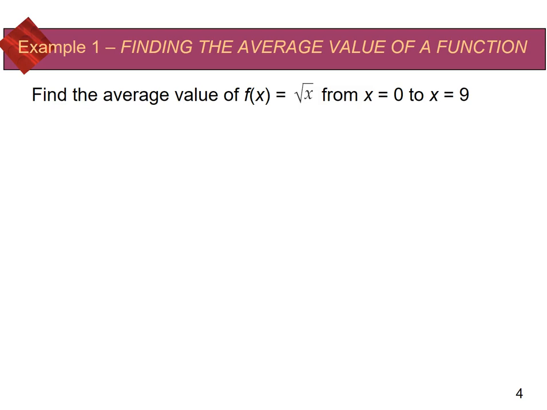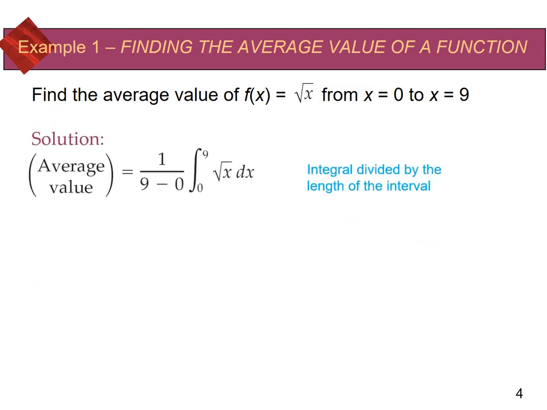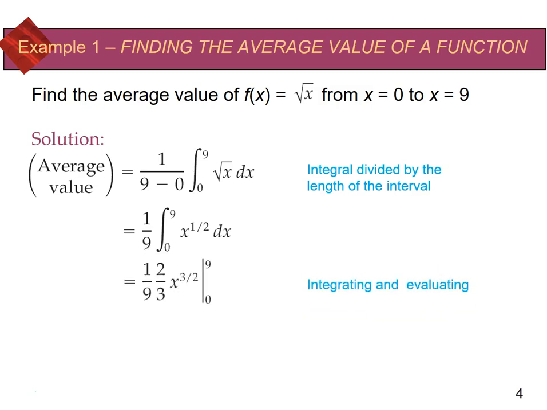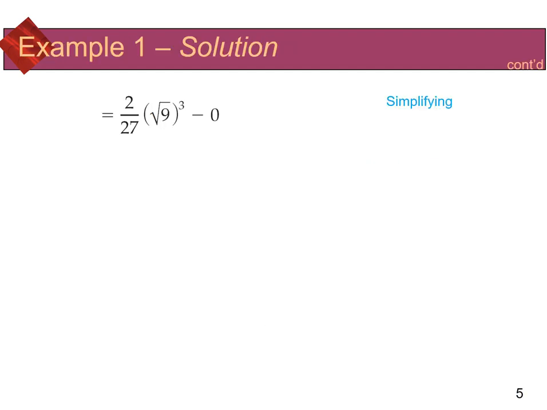To evaluate this, I would do the integral from 0 to 9 of square root of x dx and multiply that by 1 over 9 minus 0. So I would get 1/9 times the integral from 0 to 9 of x to the 1/2 power dx. I would take the integral, plug in the 9 and the 0, carry through the subtraction, and I would end up with 2.